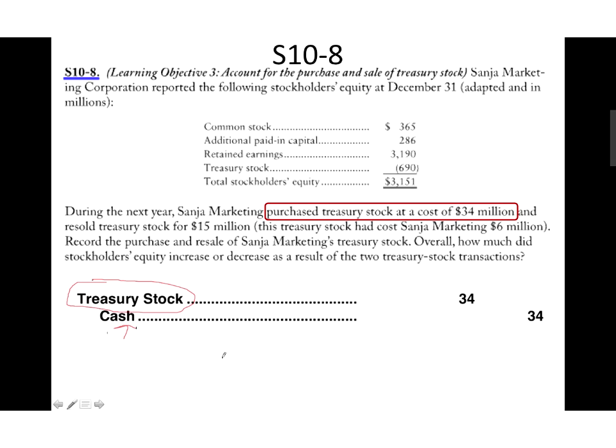So when we purchase treasury stock, we are reducing assets and reducing stockholders' equity. Both of those things are happening. Guaranteed you're going to need that statement in a couple minutes. So when we purchase treasury stock, it reduces total assets and reduces stockholders' equity.